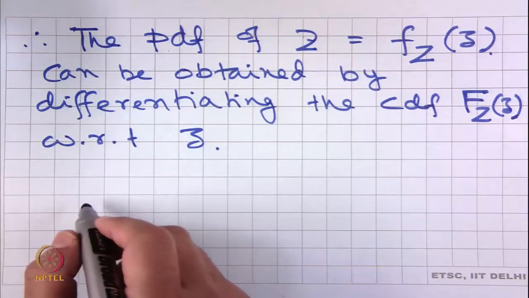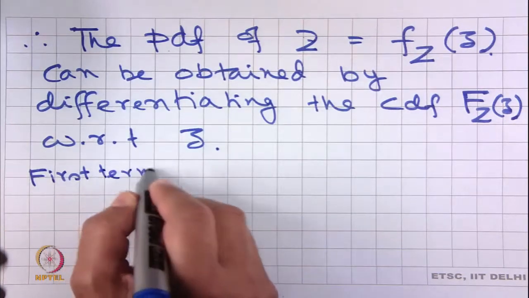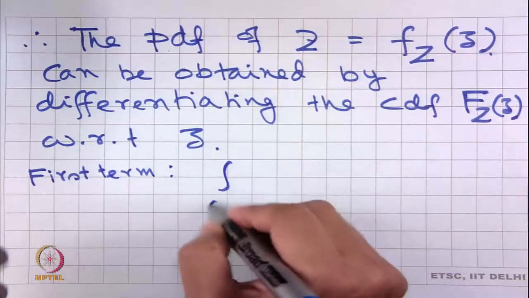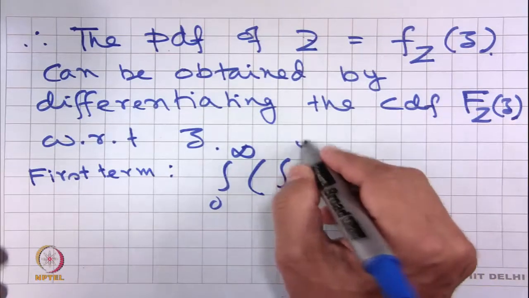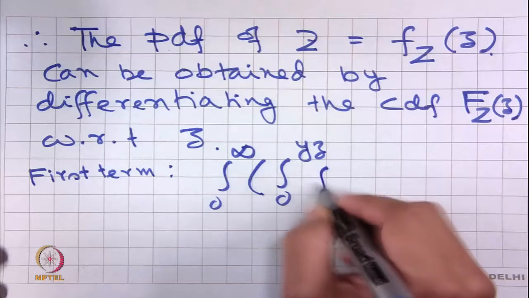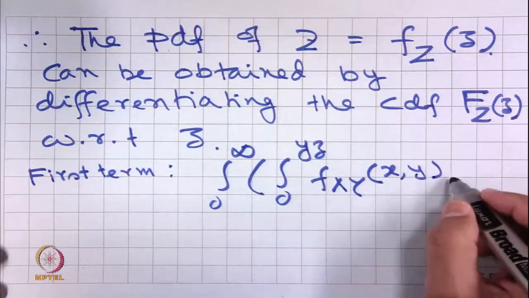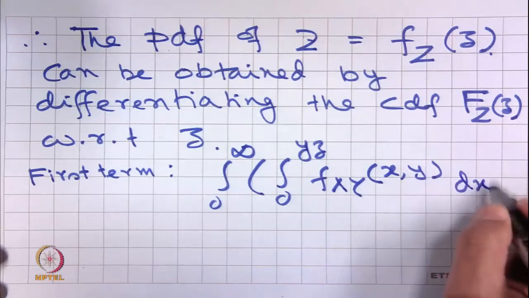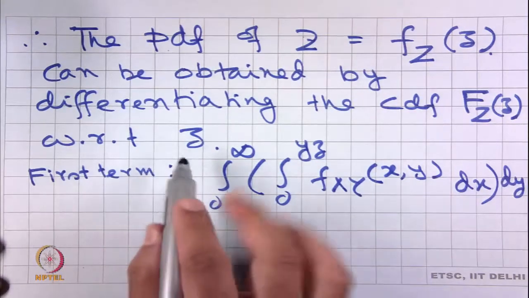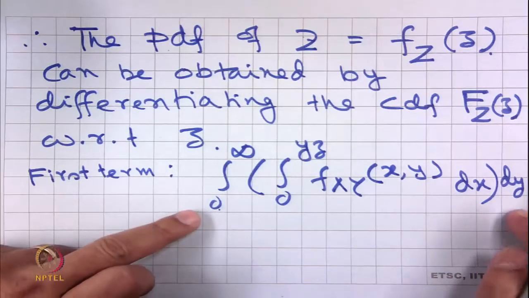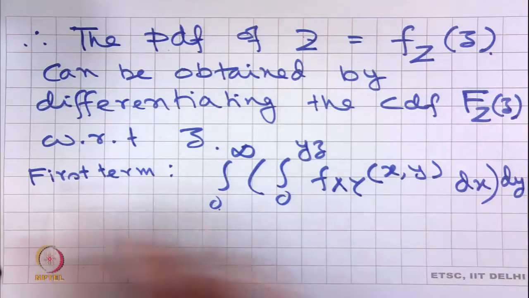So, let us consider the first term: integral 0 to infinity, 0 to yz, f(x, y) dx dy. So, when we differentiate with respect to z, look that the outer integration does not involve any z.